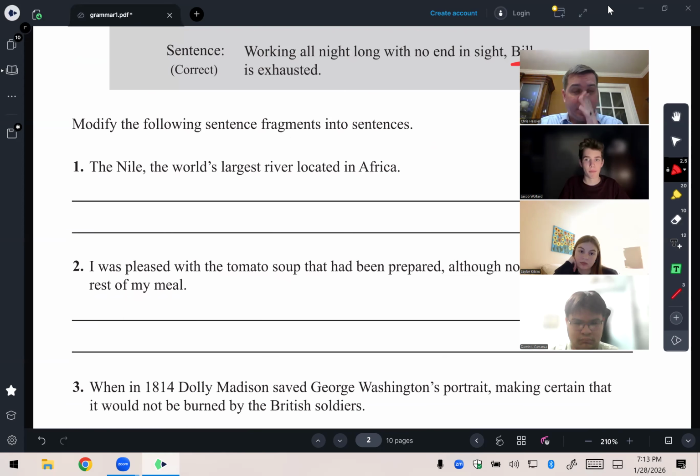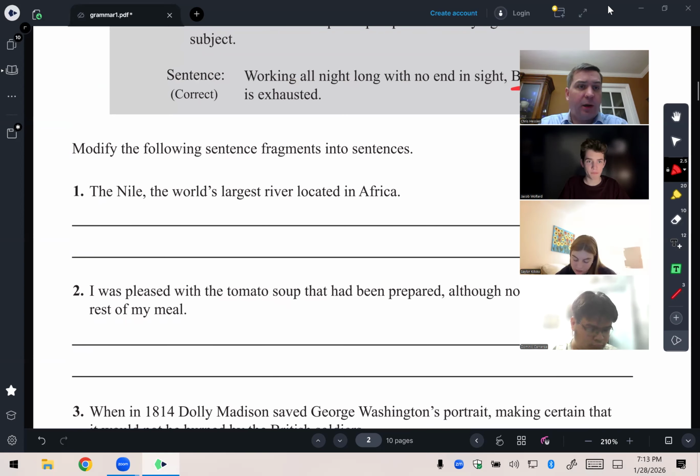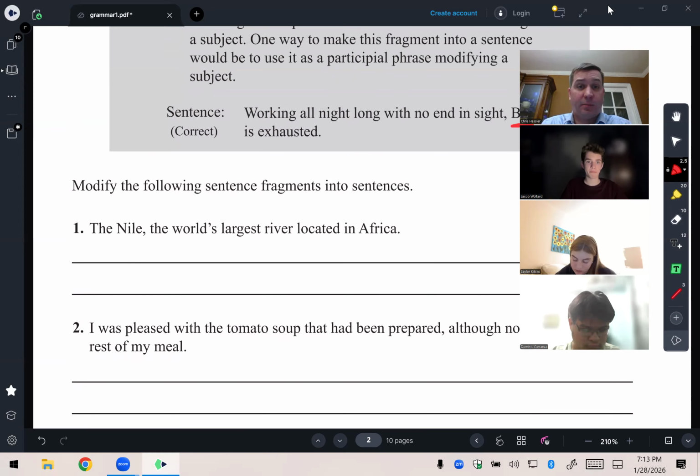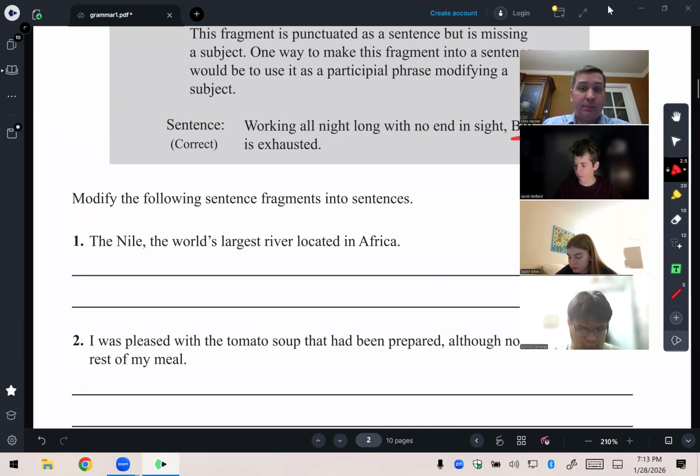All right, so we're just going to make these fragments into sentences. I think we could just do these together. Okay, so here's the first one, and I'll give you guys some clues, but don't worry about rewriting the entire thing. You probably just have to change the punctuation or add a few words, so make all of your edits right on the page here. It says, not the Nile, the world's largest river located in Africa. So it's not a sentence, at least not yet.